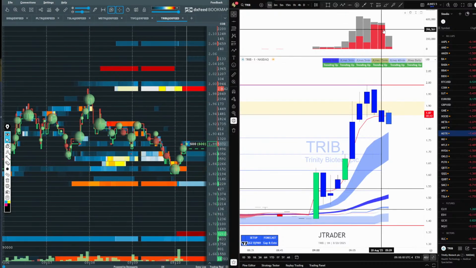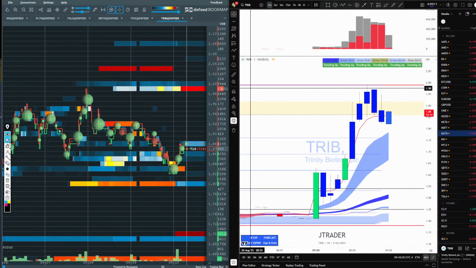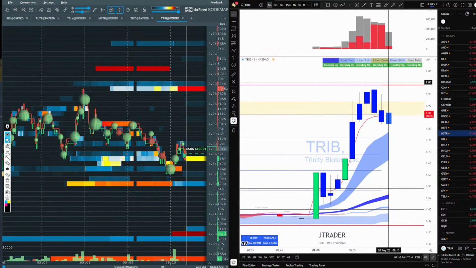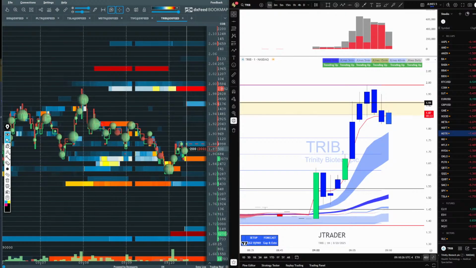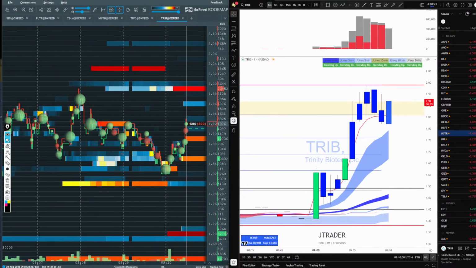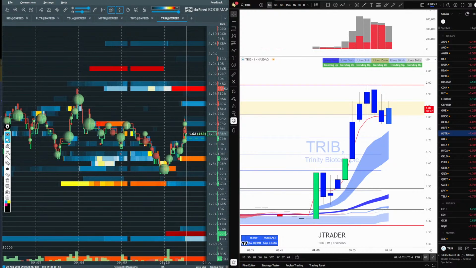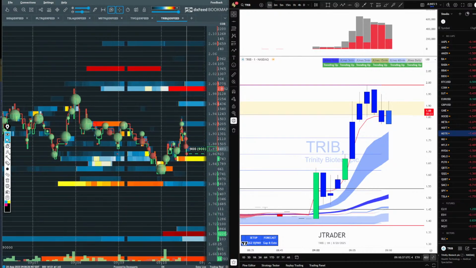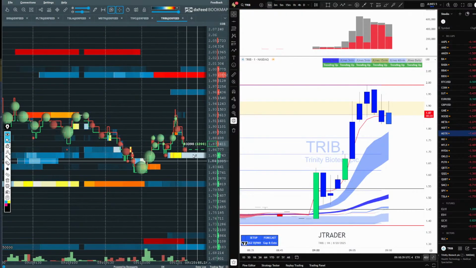So you see these 2 big bars over here, huge amount of sellers. Okay, some more buyers. Let's see if they can hold over here the support.